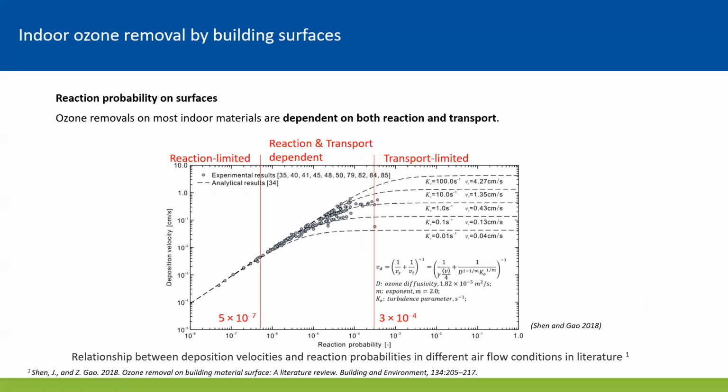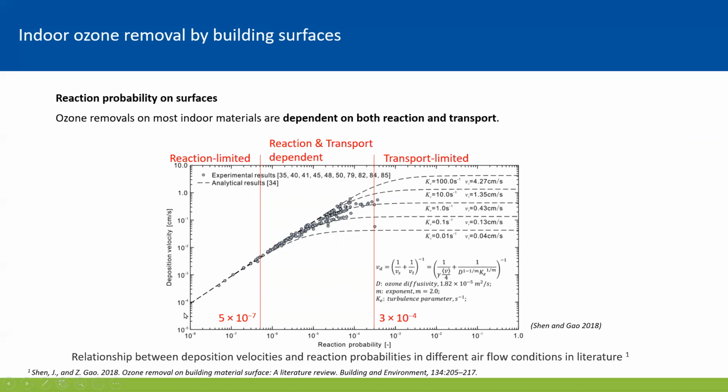This diagram shows the impact of material reaction probability and fluid mechanics on ozone deposition velocity. The dashed lines represent different transport limited deposition velocities, and when reaction probability is lower than 5 times 10 to the minus 7, deposition velocity is only dependent on reaction probabilities.